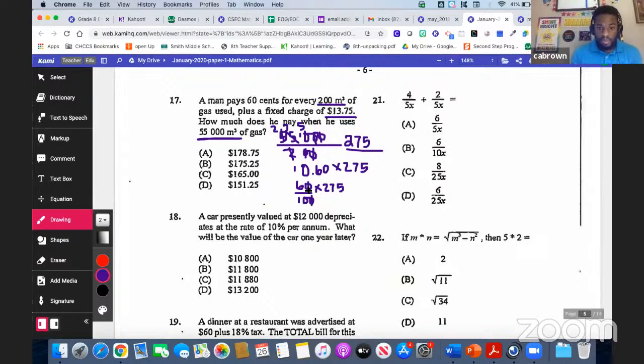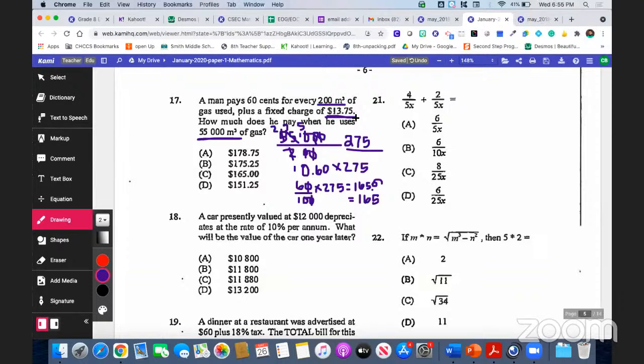So we do 275 times 6, that is 1650. Divided by 10, meaning that we go one place to the left. So this is going to be 165. However, this 165 is not my final answer because it says that there is a fixed charge, which means that it doesn't matter how much gas you use, this charge will always be applied.